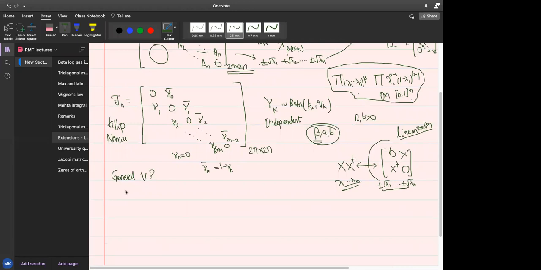So general V means we are looking at something like, let's stay with the quadratic type. Sorry, not quadratic. We have e to the minus summation V of lambda k, product lambda i minus lambda j to the power beta, i less than j. Can we find a tridiagonal matrix for which this is the eigenvalue density?